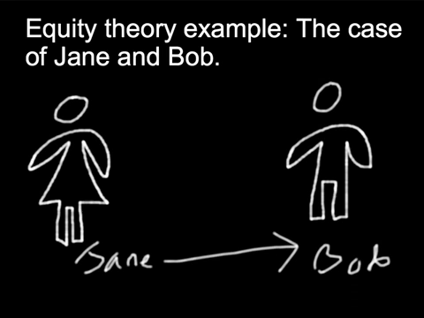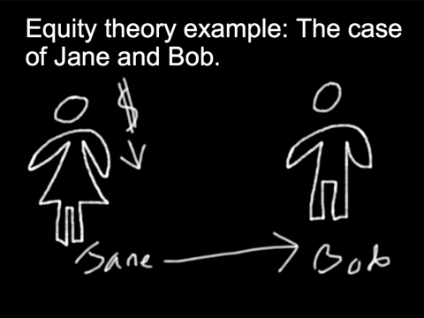Well, she may try to alter her outcomes. She may demand a raise. She might steal. She might try to alter her inputs. She may decrease her production. She may decrease her quality. She may arrive late.